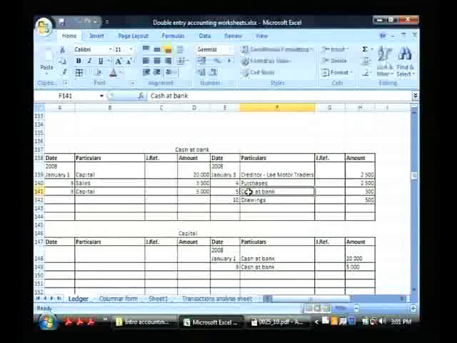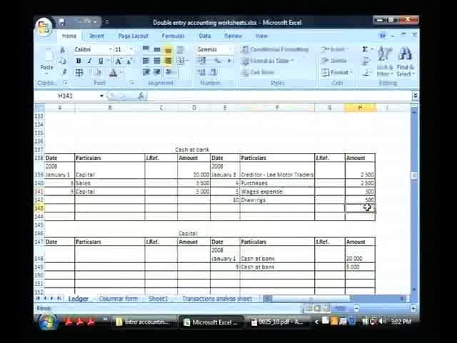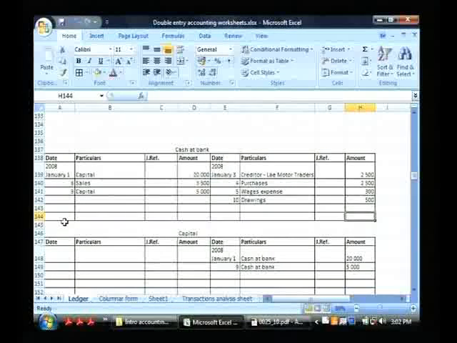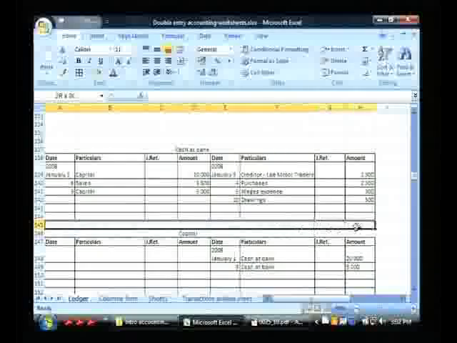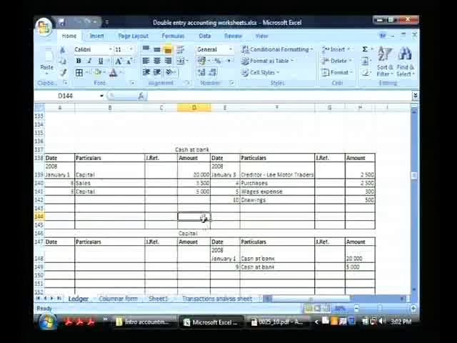5th, this is a mistake, it is not cash at bank, it is wages expense. Now we recorded all the transactions. Next step is to find the balances, or balance the accounts. You know the balancing procedure for T accounts. Take the cash at bank account.